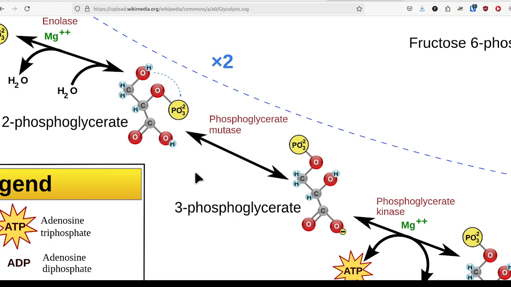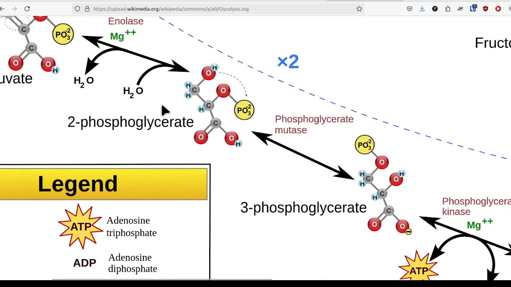We just assume, oh yeah, that can happen, happens in water all the time, and we ignore that part of the molecule. So here we've got an OH and a phosphate, and then on this molecule we've got a phosphate and an OH. So it's switched places. This is an isomerase. This mutase is an isomerase.